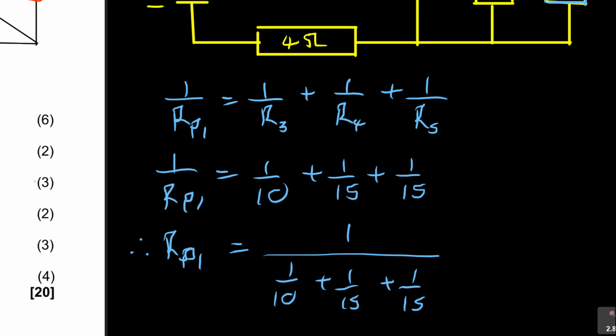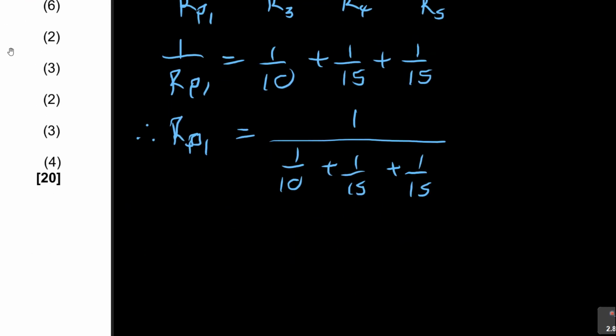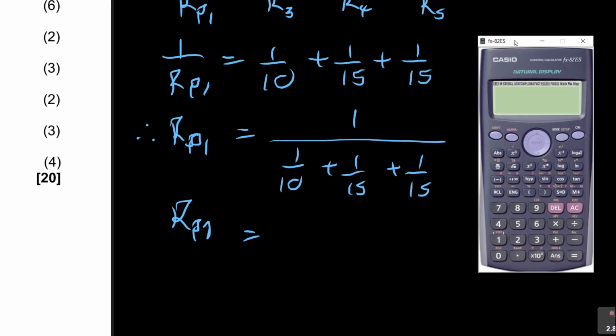You do that, then it will give you the final answer. Alright, then R parallel 1, the calculator just comes in handy there. So it is going to be 1 over, 1 over 10 plus 1 over 15 plus 1 over 15.